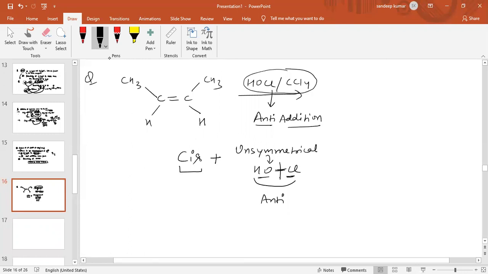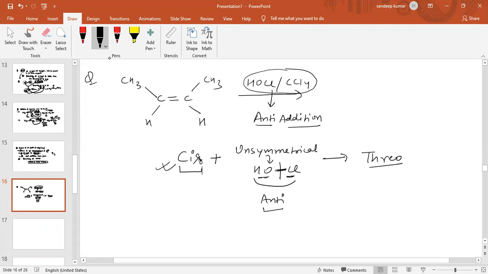So if there is a cis isomer and the electrophile and nucleophile are different, and this reaction follows anti-addition, the product obtained is threo.